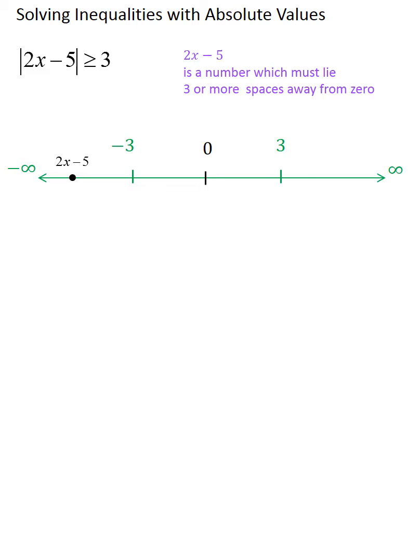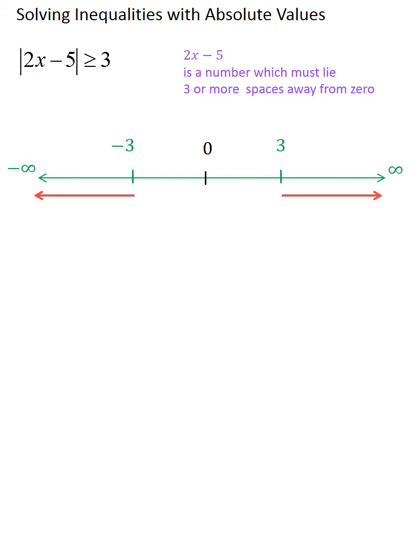And these thoughts all put together lead us to the idea that as long as 2x minus 5 isn't in this zone or this zone here, which would have a distance less than 3, 2x minus 5 must either be in this region here or this region here.